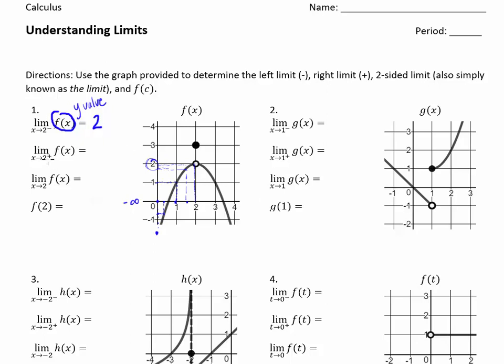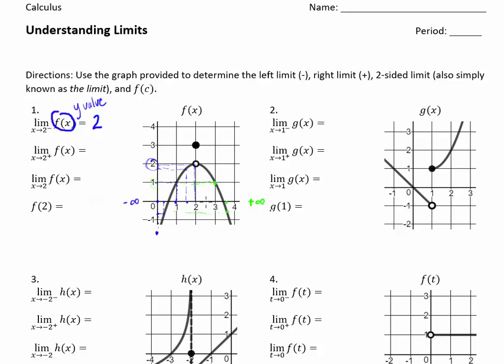We can do the same thing from the right. This time we're going from the positive side, so it would be like from positive infinity. Working in this direction on my x value, if I plug in an x of 3.5-ish, the y value is going to be about negative 0.5 or something like that. If I plug in 3, our y value is going to be 1.